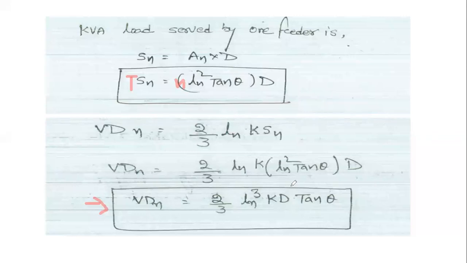This is the voltage drop at one feeder. Understand now?